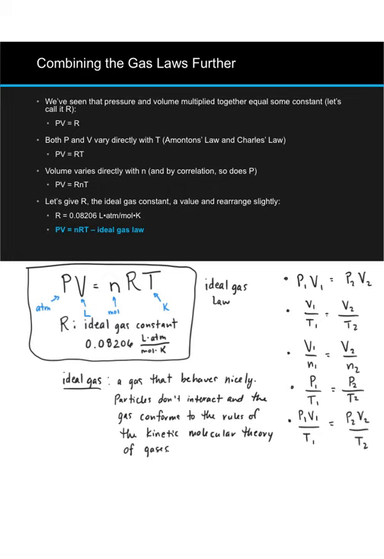More explicitly, ideal gases conform to the rules of the kinetic molecular theory of gases, which we'll explore in just a few minutes. And more globally, in this course, we will only consider ideal gases, and will reserve a discussion of real gases that don't conform to these rules in a future class.